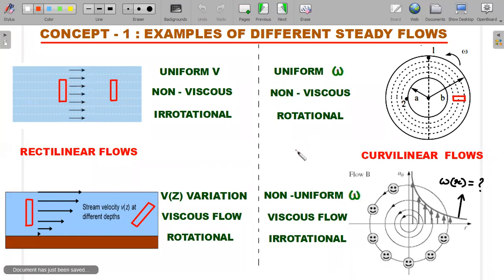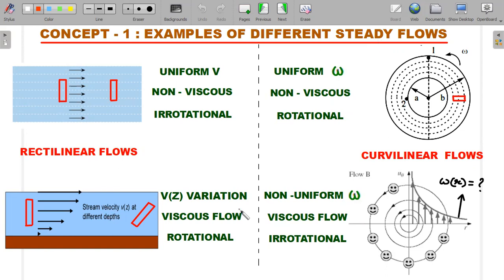A lot of things I'll explain step by step, diagram by diagram, so concentrate carefully. In the first of the concepts that we'll deal with, I'll try my best to depict examples of different steady flows. I already told you steady means things don't change with time. That means at any point you measure the velocity of the fluid, at every other instant the same point will have the same velocity. That's the whole idea of steady flow.